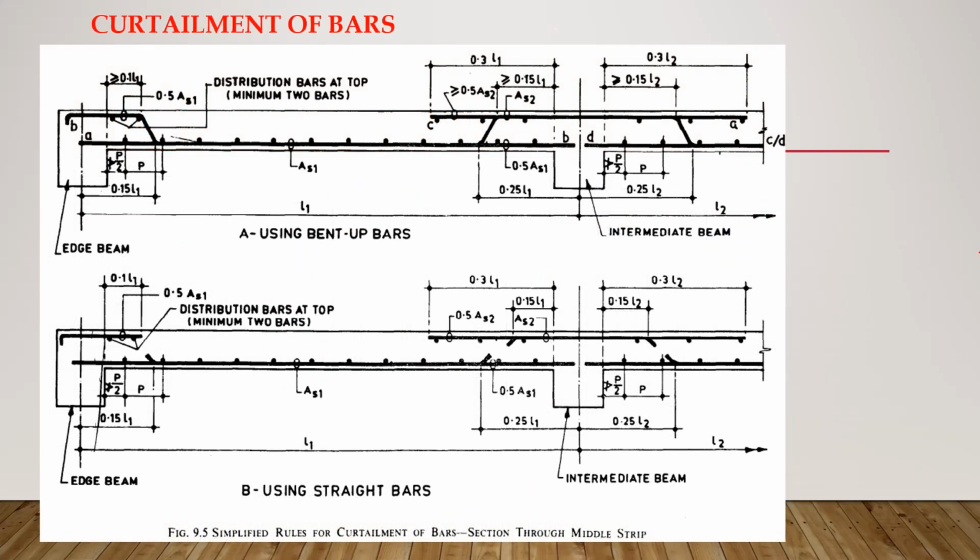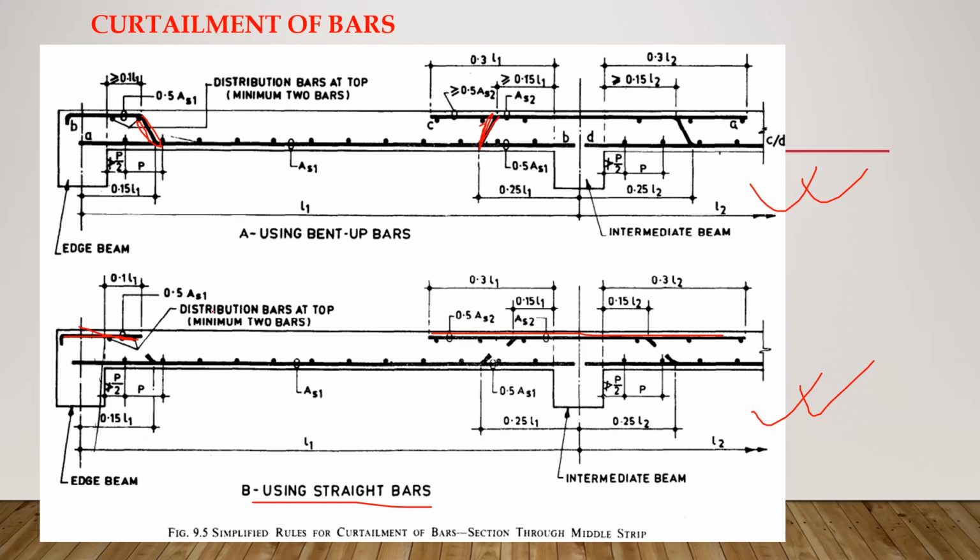And finally, this figure shows the overall simplified rules for curtailment of bars. The curtailments can be done in 2 ways, either by giving crank bars as you can see at the top, or by simply using straight bars as you can see at the bottom. Both methods are applicable, but generally nowadays we don't crank the bars, we usually use straight bars.